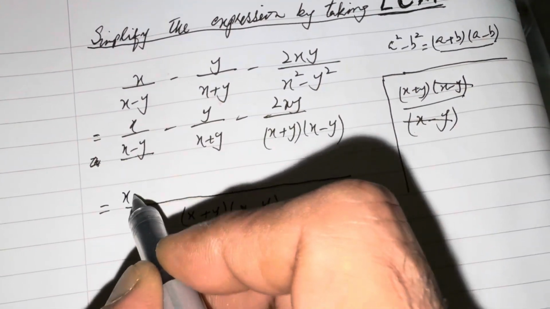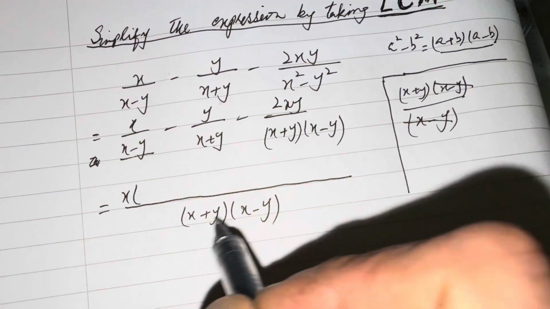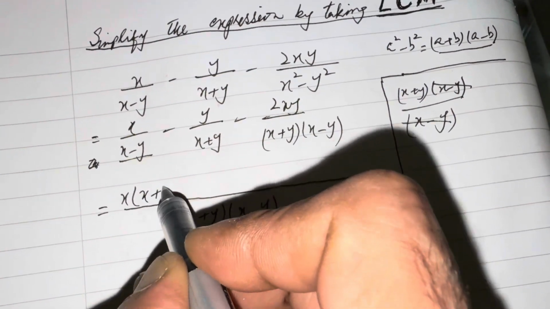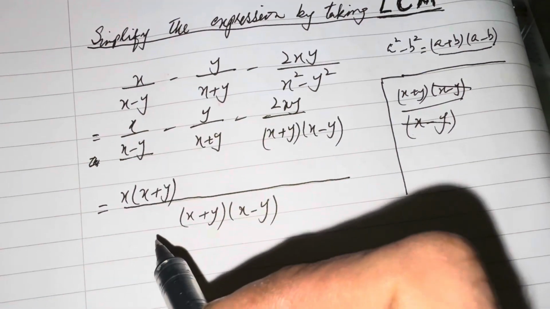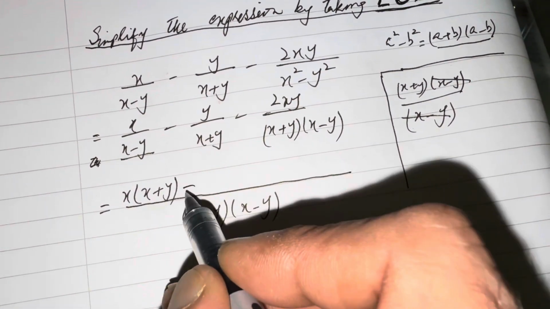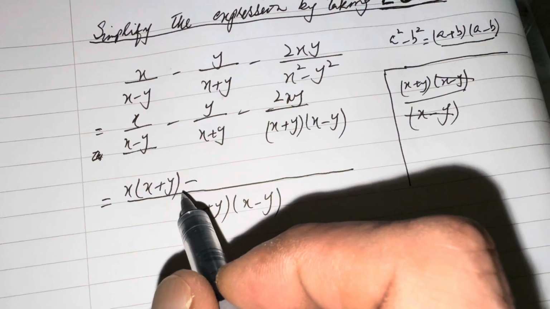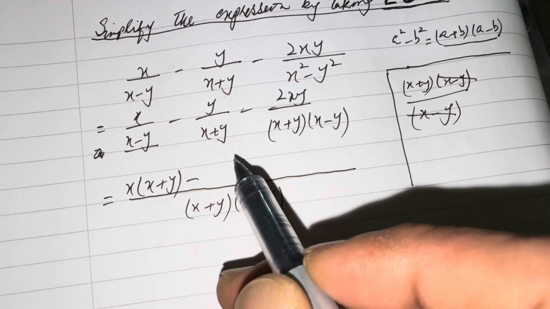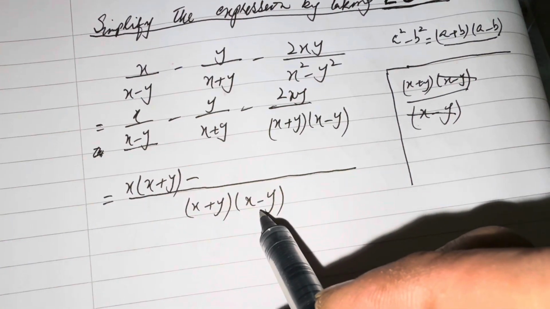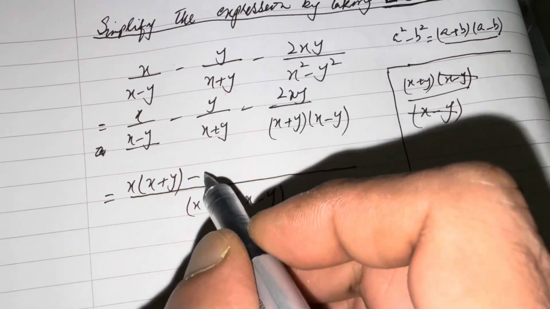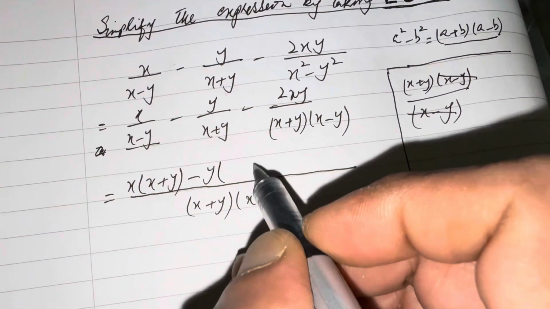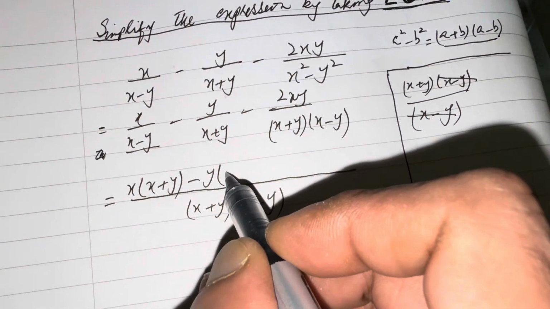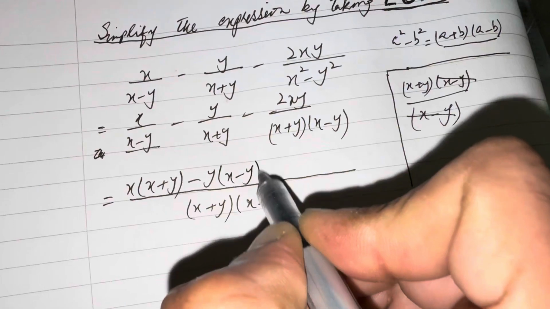So x into x plus y रह गया. So in our next step the same process will be done. So x plus y and x plus y will cancel with each other, and then y will multiply by this x minus y. So we will write this term as y into x minus y.